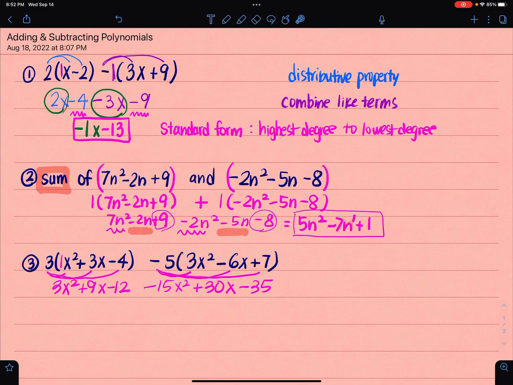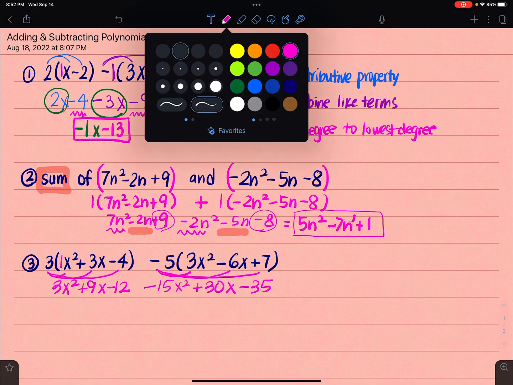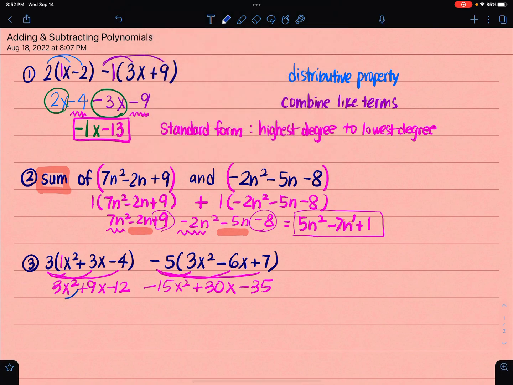Now notice that we got rid of all the parentheses using the distributive property, and our next step now is to combine like terms. So let's look for the highest degree, and so we have 3x squared minus 15x squared, which is negative 12x squared.